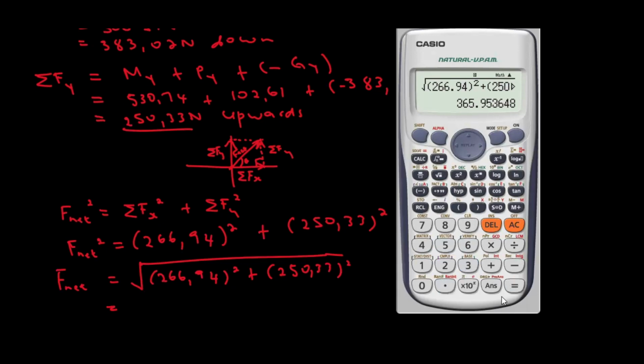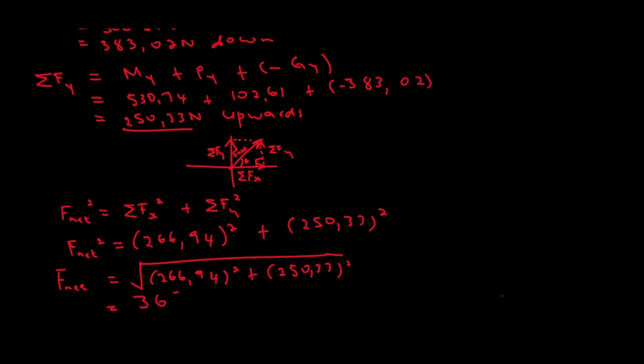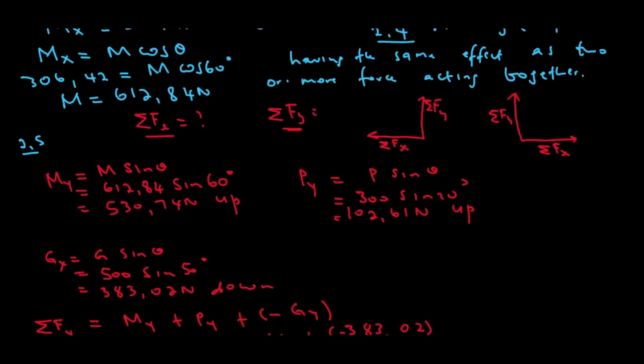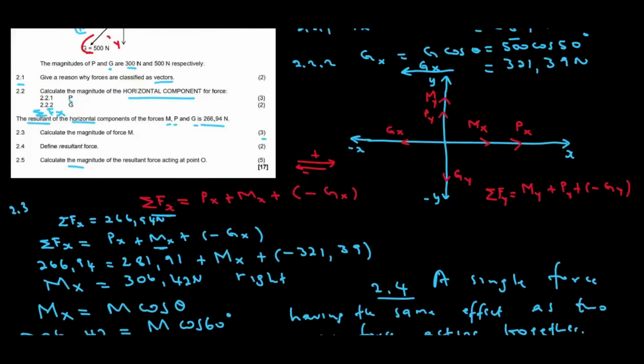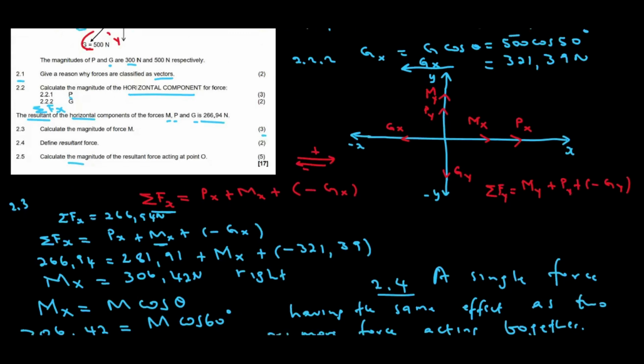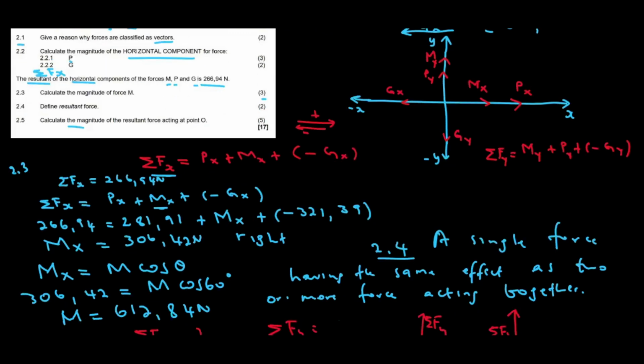This gives 365.95 newtons. Let me double check if I've answered all the questions. Yes, I think I've answered all the questions, because the last question was to calculate the magnitude of the resulting force, which is what I just did.